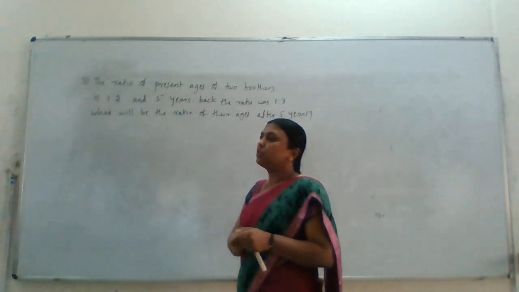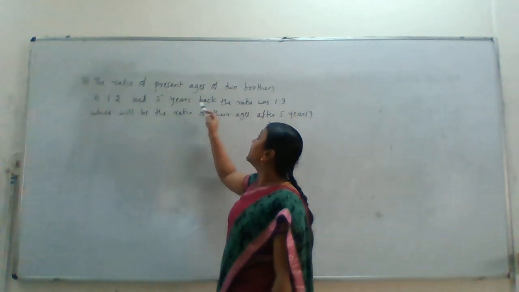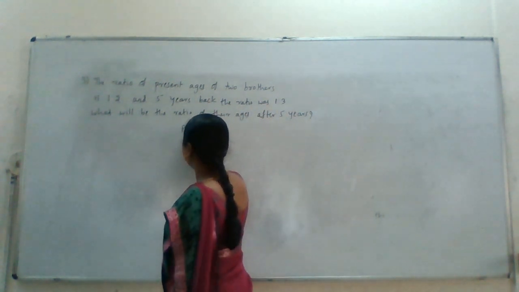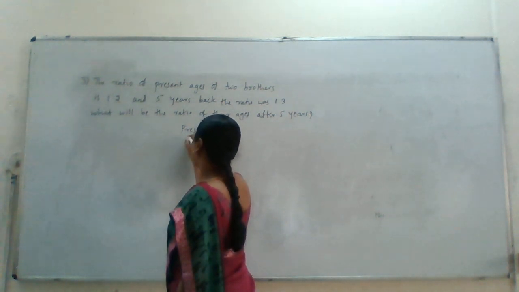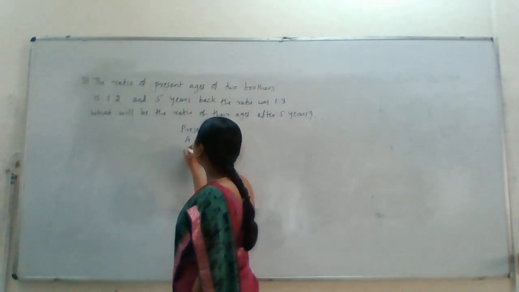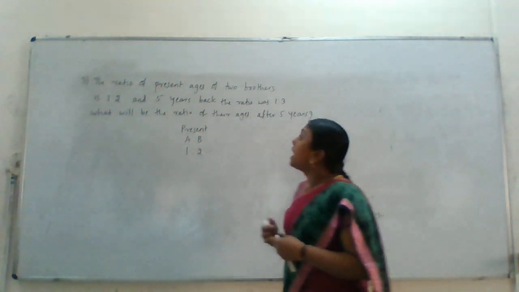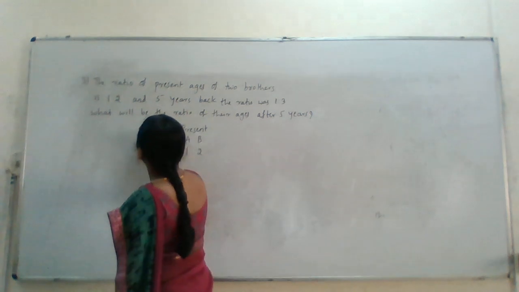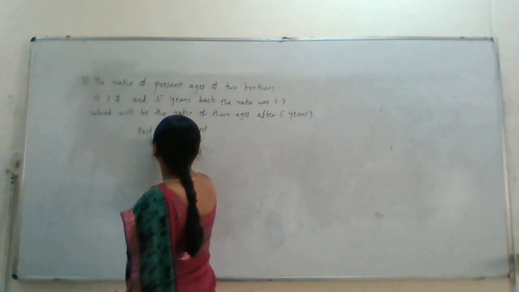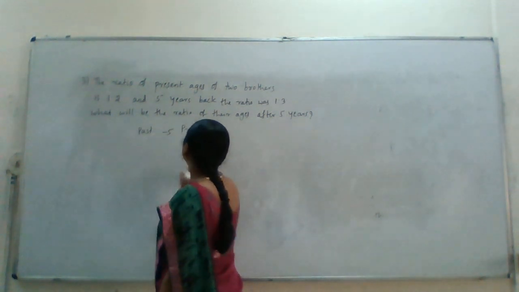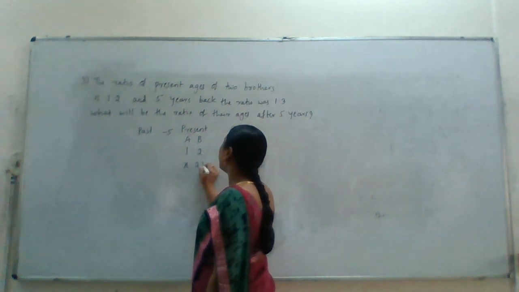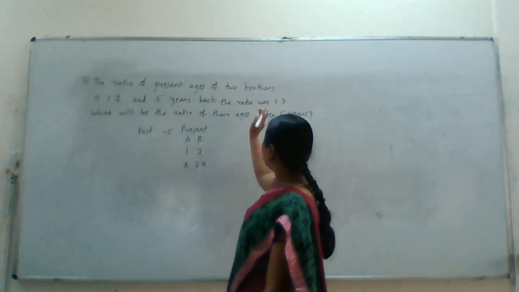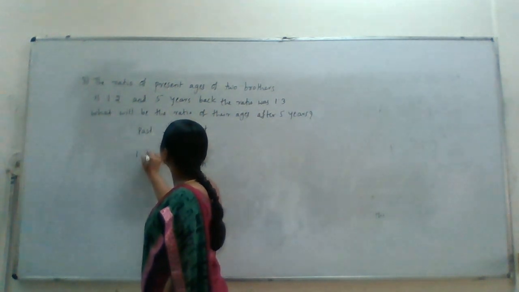So try to understand the question first. The ratio of present ages of two brothers is 1:2. So for the present ages of the two brothers, I take A is to B, that is 1:2. Okay. And 5 years back means what? It is past, that is, take minus 5. So here it can be taken as x to 2x. So 5 years back this ratio is 1:3.